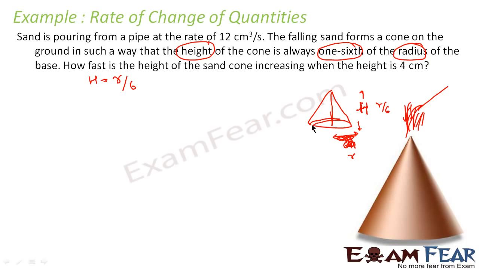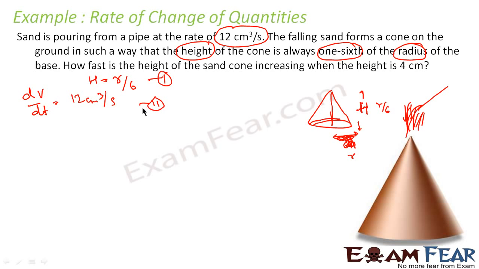What we are told is that sand is pouring at this centimeter cube per second. This centimeter cube is a volume, correct? So I am given dV by dt, and that is 12 centimeter cube per second. Why dt? Because we are talking about seconds. I have also been given the equation h is equal to r by 6.